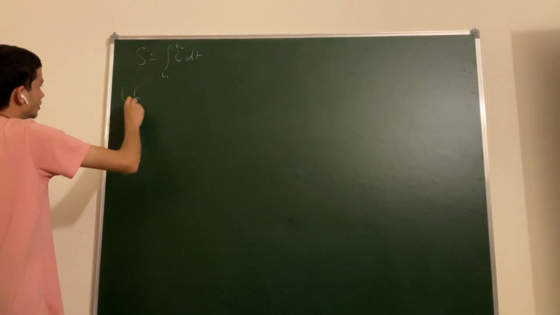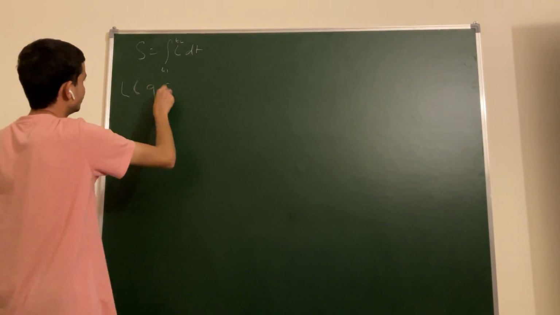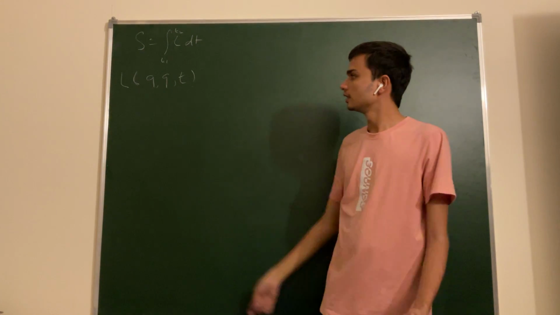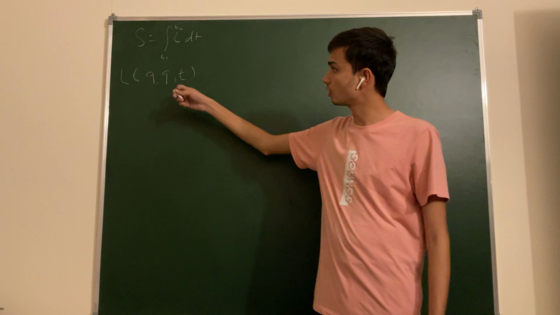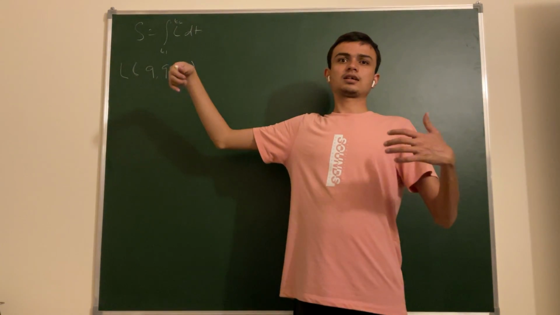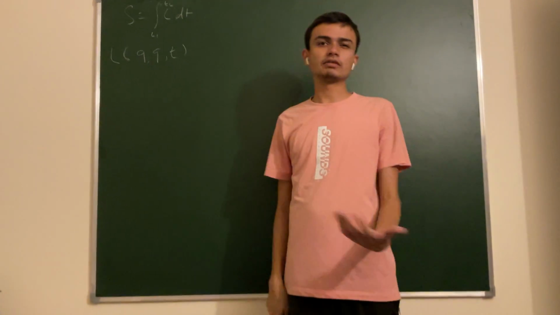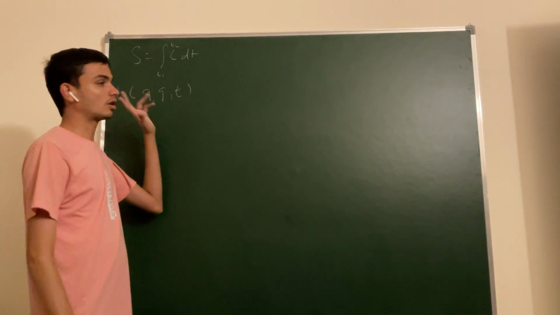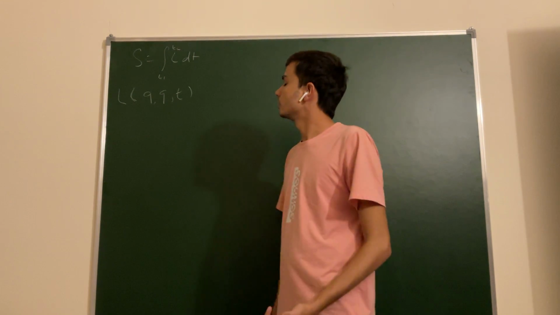L is generally a function of q, q dot and t. Here there is just one dimension; I'm not taking the field, I'm just talking about a particle where q is your generalized coordinate in configuration space, and q dot is its time derivative. But I would encourage you to think of q and q dot as two independent variables.